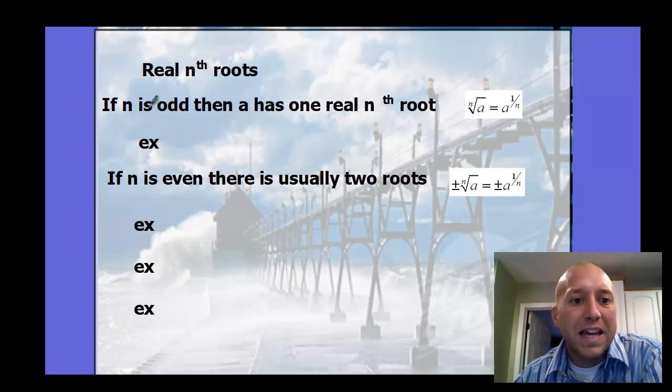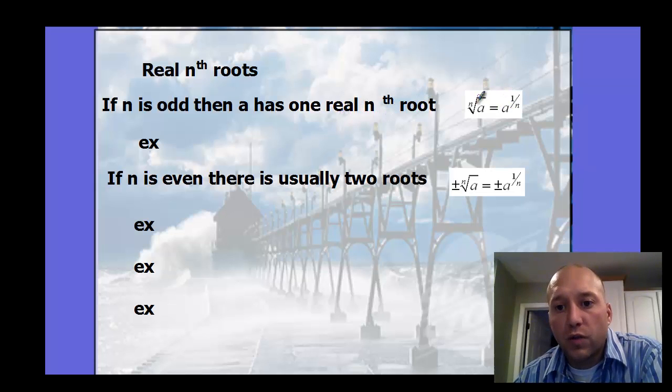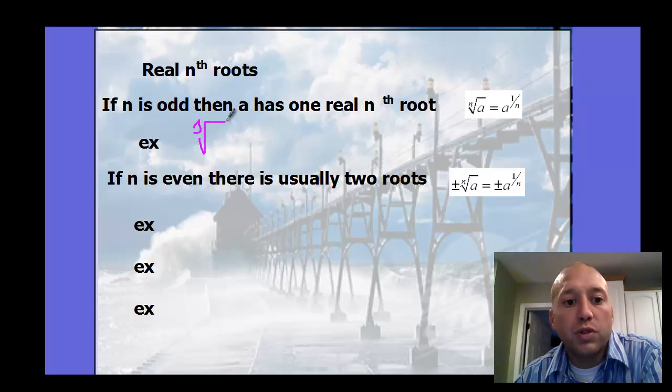So real nth roots. If n is odd, then a has one real nth root. The nth root of a is the same thing as a to the 1 over n power. If n is odd, say the third root of 8, that's 8 to the 1/3 power, which is going to be 2, because 2 times 2 times 2 is 8.